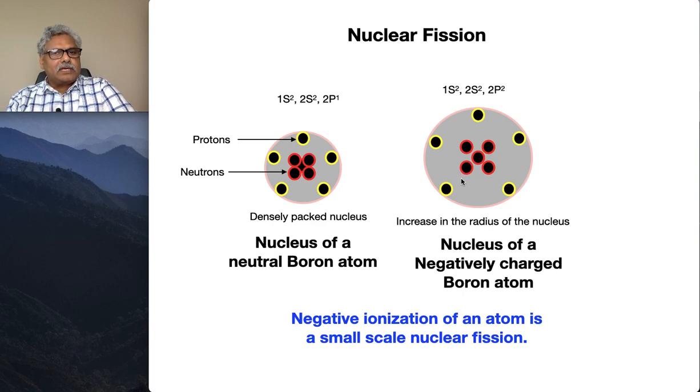That makes it release the energy, because a fission is happening at a very small scale. Negative ionization of an atom is a small scale nuclear fission.